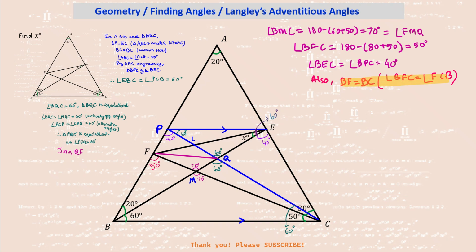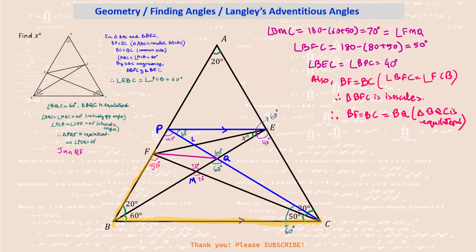BF is BC, and therefore BFC is isosceles, and BF is equal to BC is equal to BQ, and is also equal to QC. So this is equilateral.